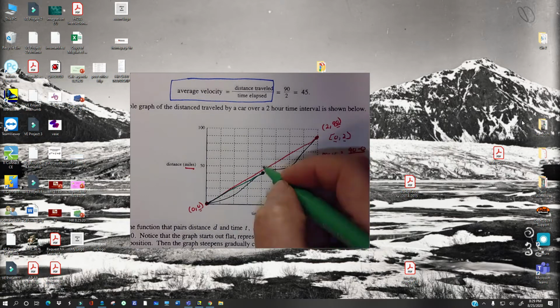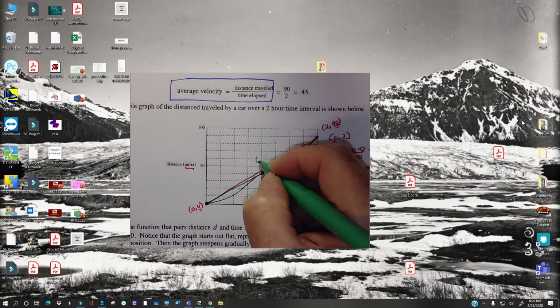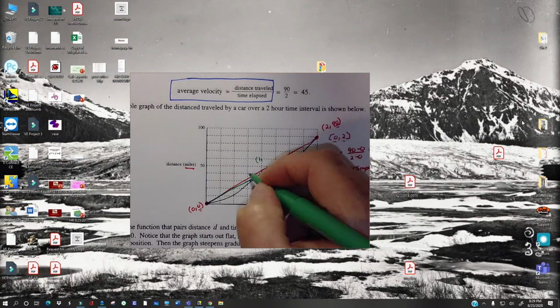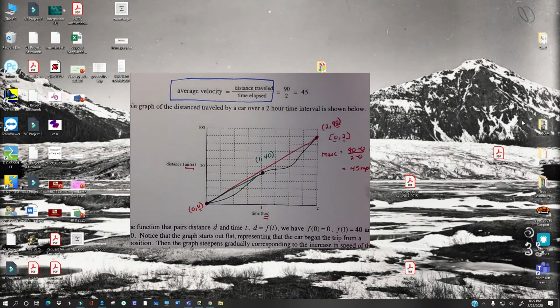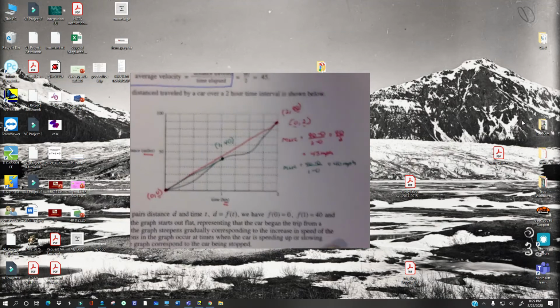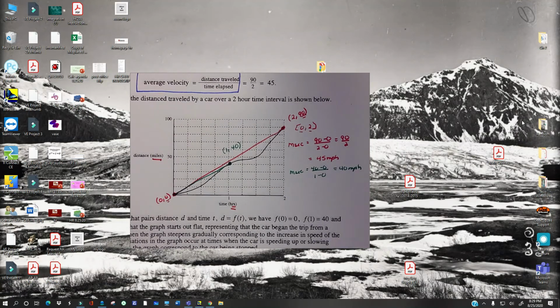Well, my coordinates have changed because when x is 1, y is 40. So the slope of the green secant line would be 40 minus 0 over 1 minus 0, or 40 miles an hour. Easy peasy.